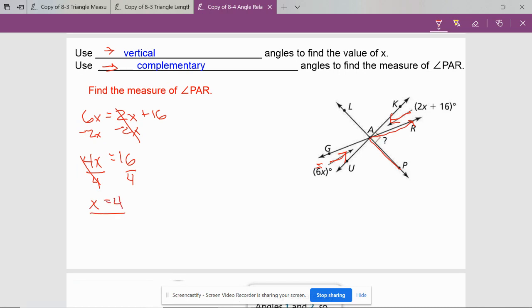Okay? So we use the vertical angle to find the value of x because we know that those two angles are the same. So we get x equals 4. Now we have to plug that in to angle PAR and use complementary, which means they're going to equal 90, correct? Okay? So we get 2x plus 16.